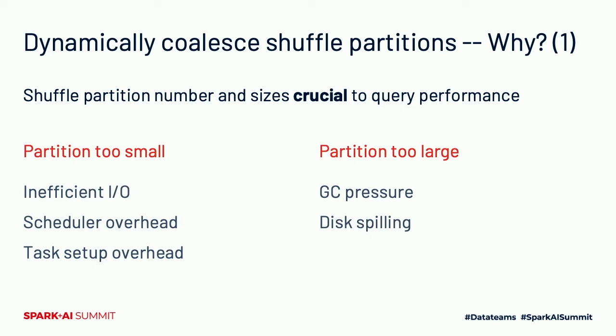On the other hand, though, partitions being too large usually leads to more serious problems, as there will be greater memory pressure in each task. And if it goes beyond the limit, Spark operators will resort to disk spilling, and that slows down the query even more. It is often, though not always, the result of under-partitioning, which means your query works with a large data set, but the partition number is not scaled up to match the data size.